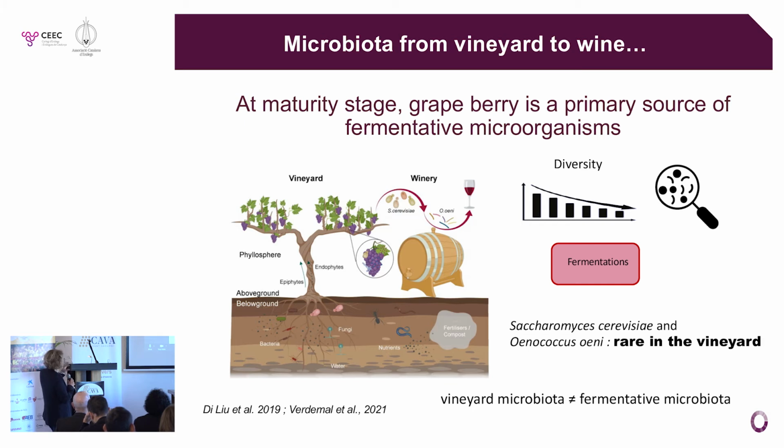When we crush the berries and obtain the grape juice, we will have a strong decrease of the microbial diversity, because we move from a very poor medium in contact with oxygen, which is the grape berry surface, to another stressful environment, the grape juice, where you have a high amount of sugar, low acidity, low pH, maybe not this vintage, but anyway.